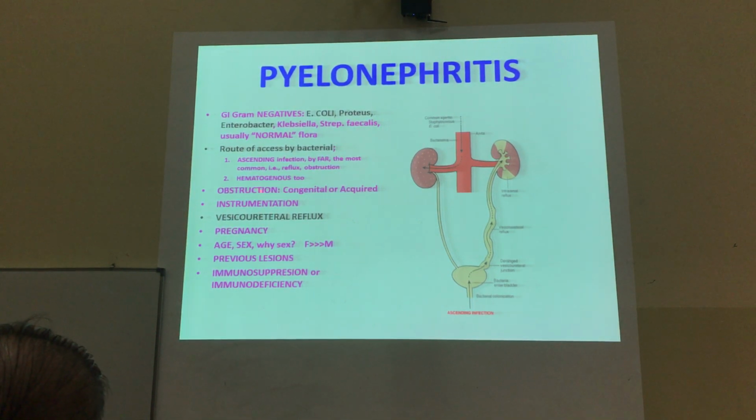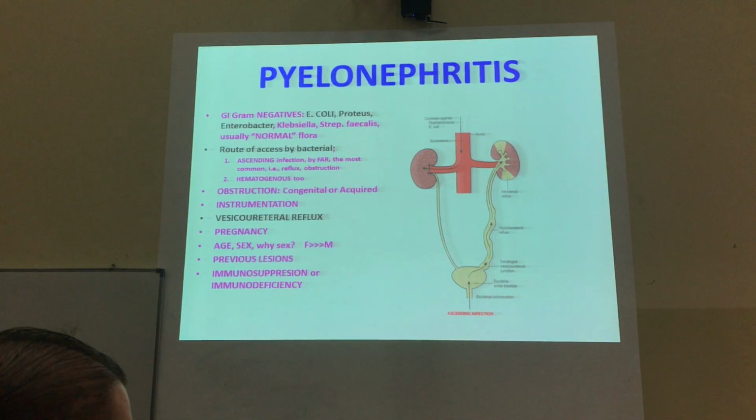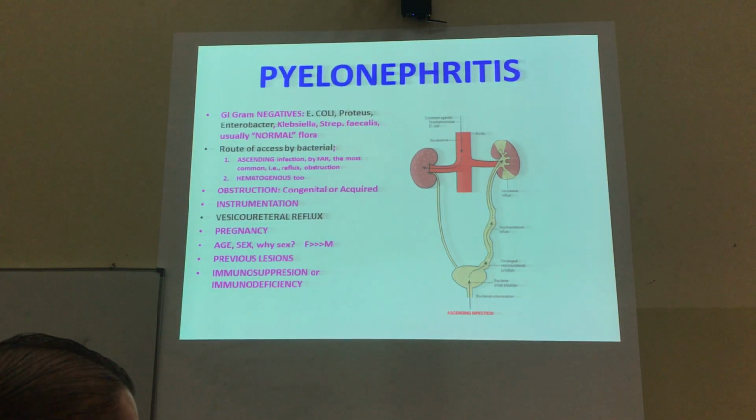It could also be obstruction, which can lead to obstruction of the flow. For example, there can be congenital obstruction by valves, ureteric blockage, blockage of the urethra, stones, etc. A lot of things can cause it. There can be acquired obstruction because of a blood clot, a cystoscope, or a urinary catheter that got infected.